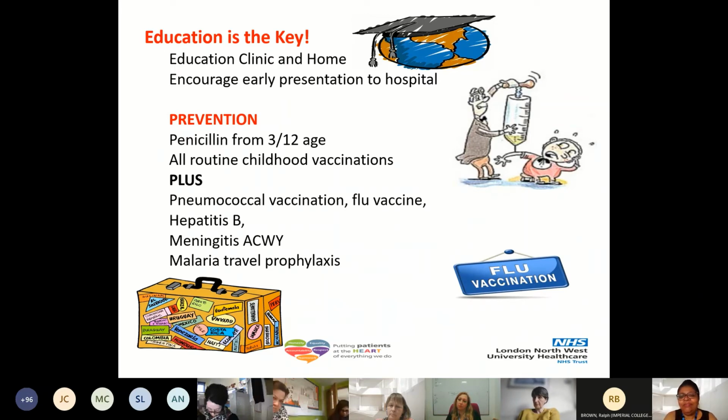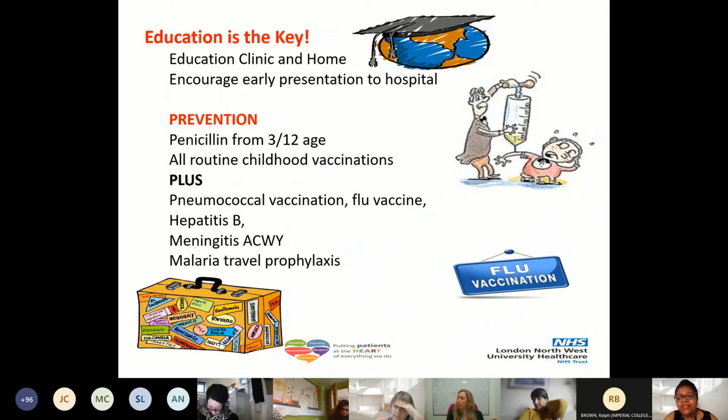And the yearly flu vaccine, that's important, extra hepatitis B, meningitis vaccinations, and also if they're taken abroad on family holidays, malaria travel medication, as well as presenting them to the GPs so they can have any travel vaccinations that are necessary for that country.